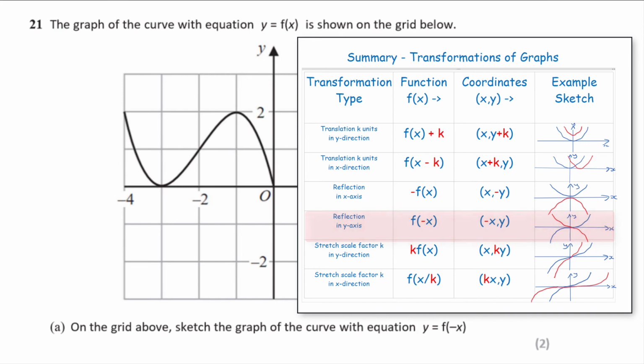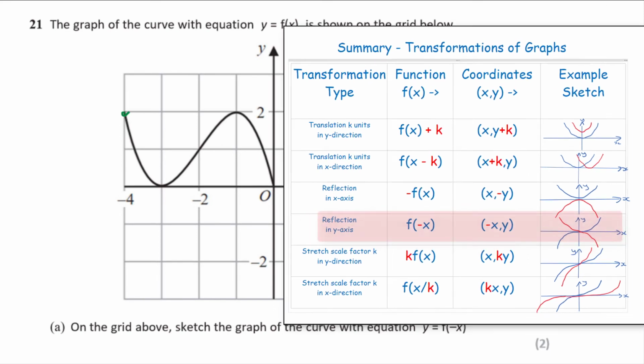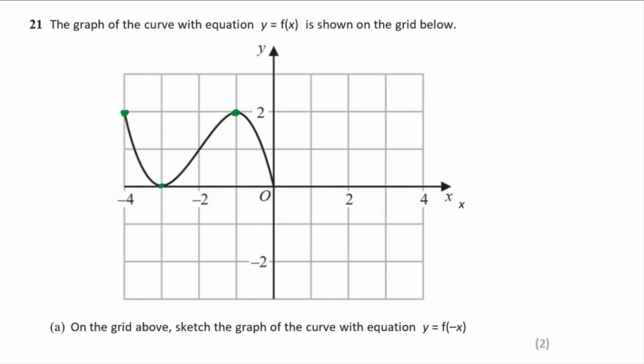Okay, so if I reflect this graph in the y-axis, let's take the discernible points on my graph, like those points there that lie on the coordinates. I'm going to take each one of those and reflect it. Now the point at minus 4, 2 is going to reflect over here to 4, 2. The point at minus 3, 0 is going to go to 3, 0.